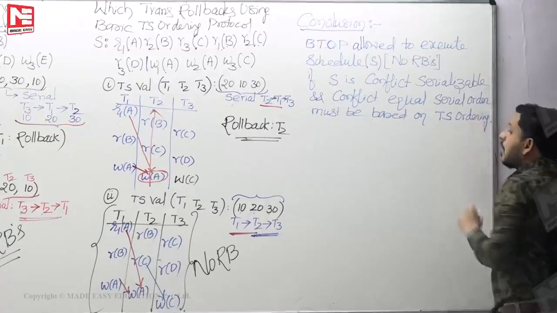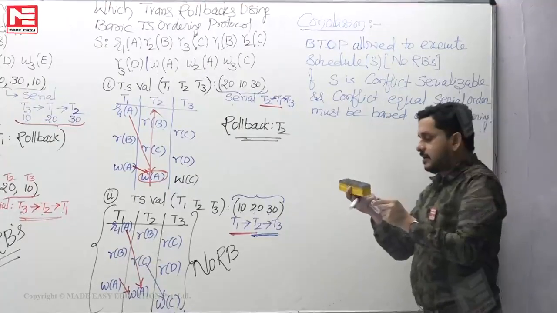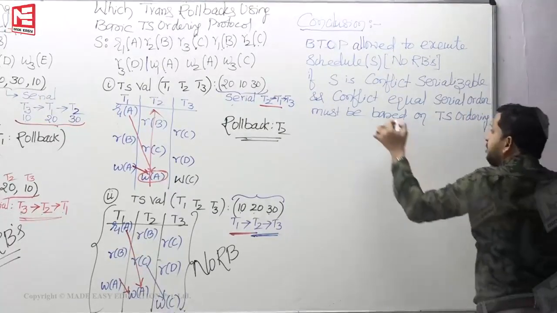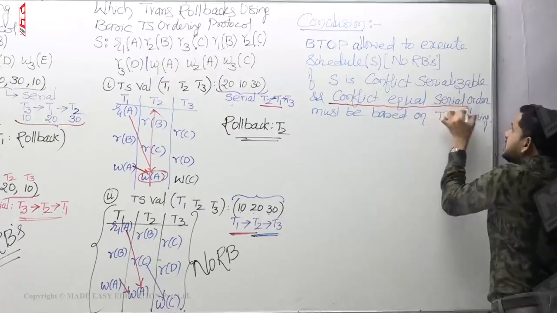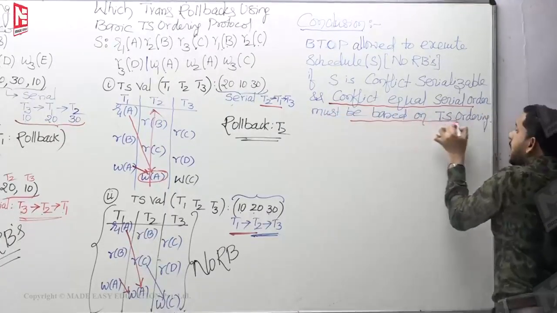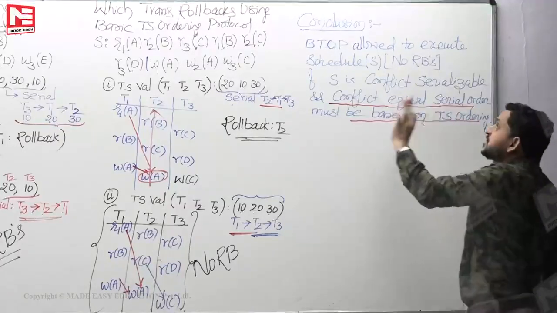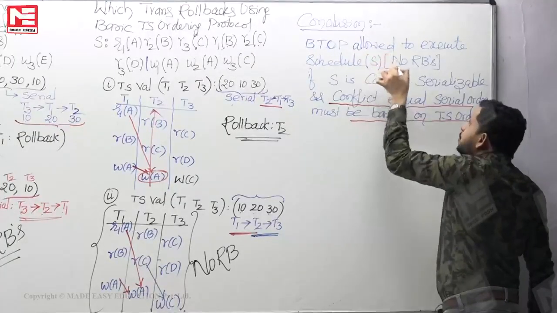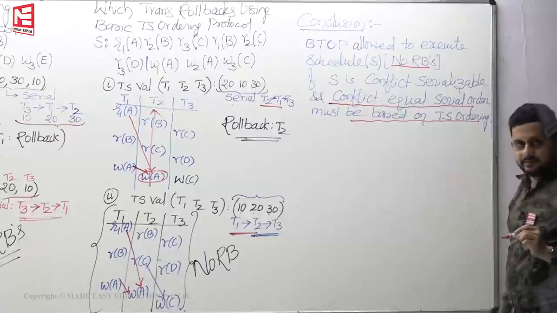If conflict equals serial order and timestamp order is the same, then such a schedule is allowed to execute, which means no rollback.